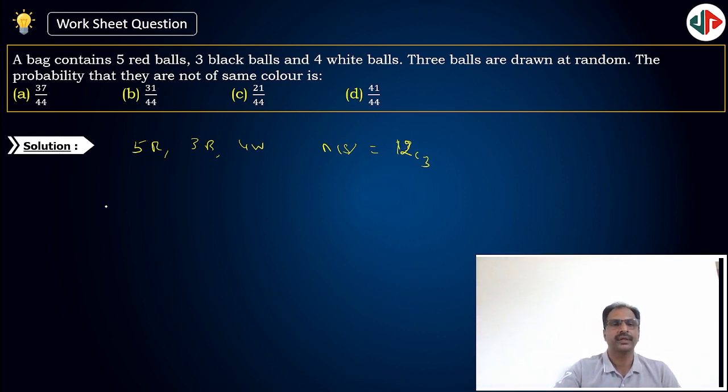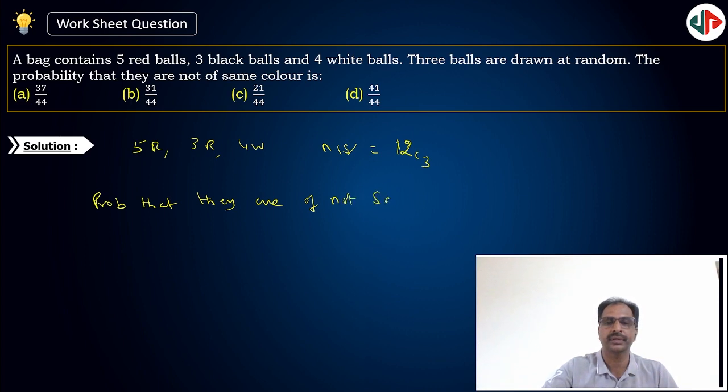Now, the probability that they are not of the same color. So, the probability that they are not of the same color is nothing but 1 minus the probability that all are of the same color.